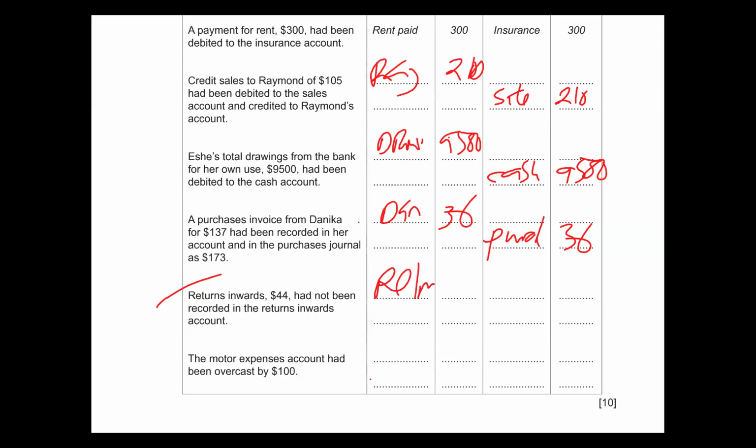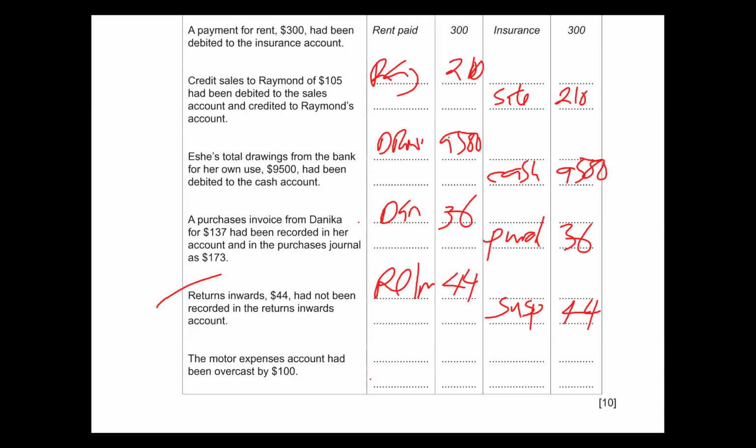You debit it, and then which account are you going to credit? You don't know the account, so you send to the suspense account because you're not yet sure which account was the corresponding account, right? Send to the suspense account.